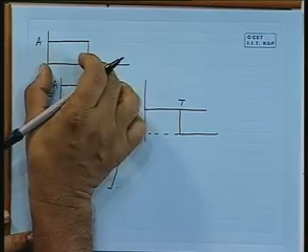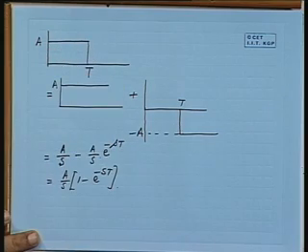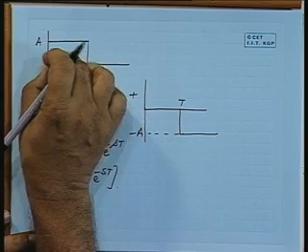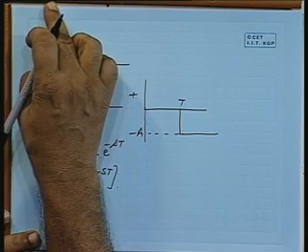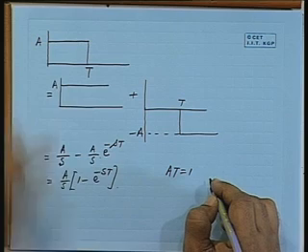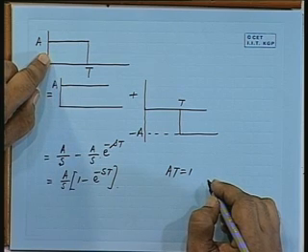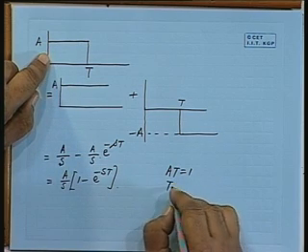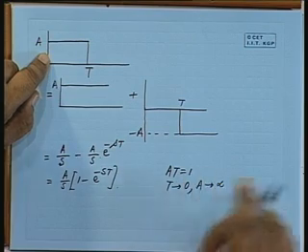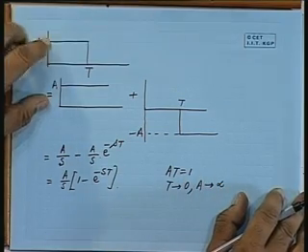Okay. Now, suppose we take t very small, tending to 0, and a tending to infinity, such that a into t is 1. We get a unit impulse, is it not, when t tends to 0 and a tends to infinity, but the product is finite, and in this case it is 1.